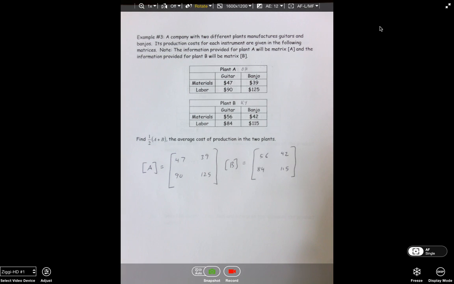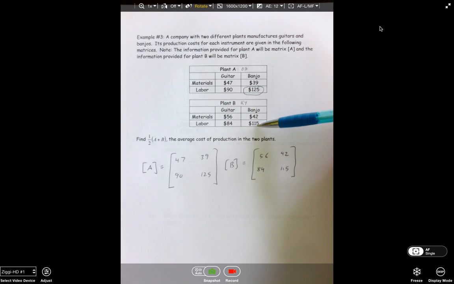And matrix B looks like this. So guys, that 125 tells us what? That the production cost for the labor for each banjo at plant A is $125.